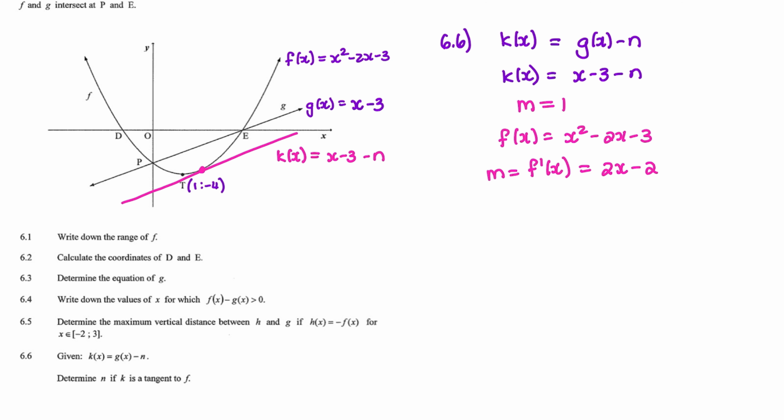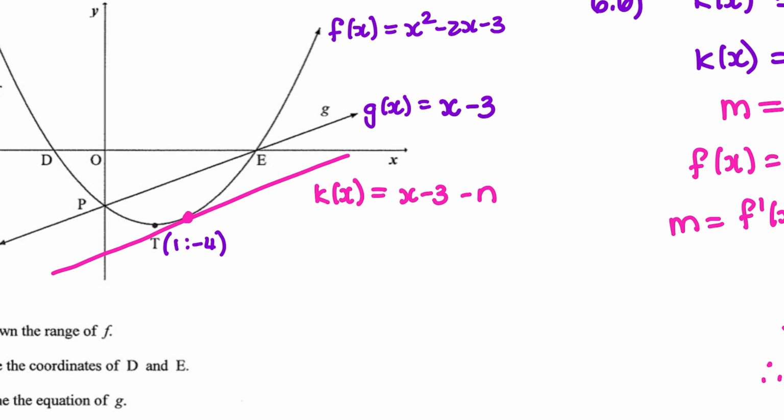And we know that the gradient of k is 1. Therefore, the gradient of the tangent to the curve is also 1. So 1 is equal to 2x minus 2. And now I can solve for x. So that becomes 3 is equal to 2x. Therefore, x is equal to 3 over 2.